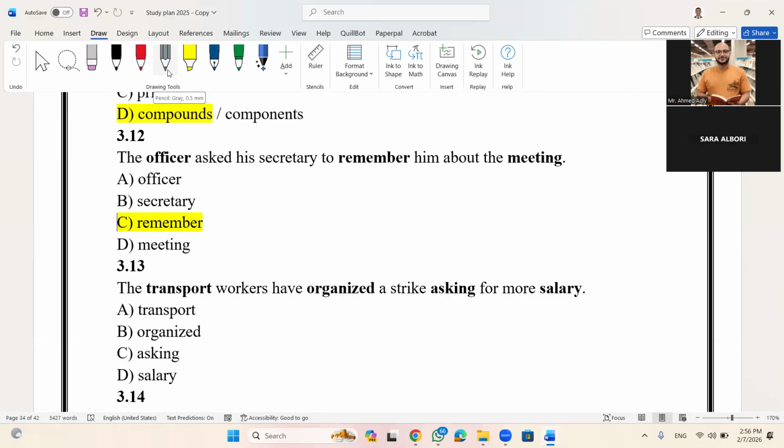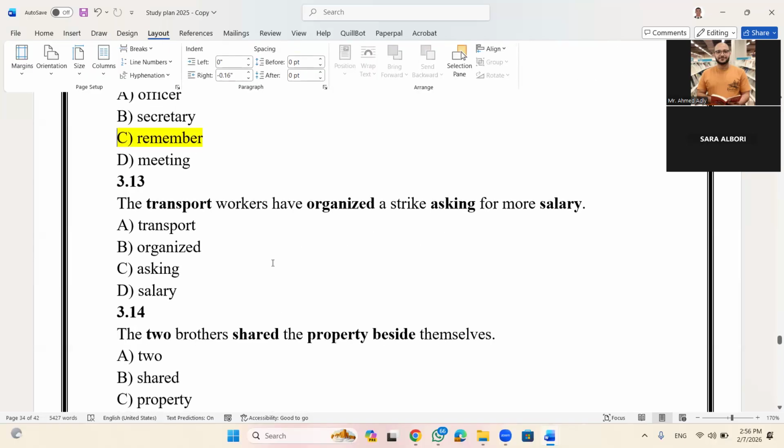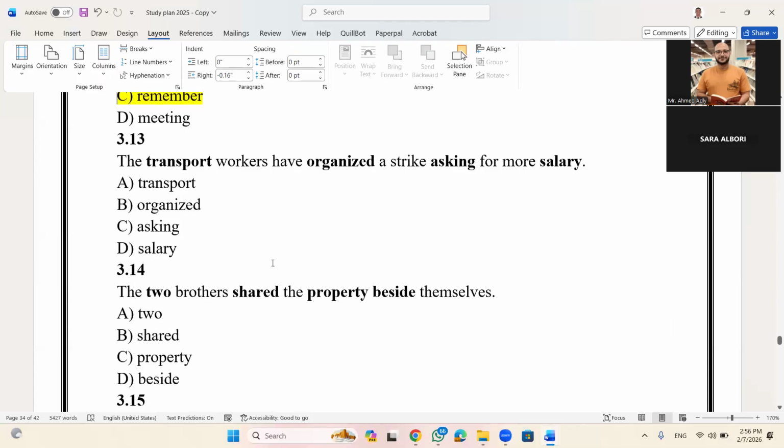The transport workers have organized a strike asking for more salary. Okay. So look at this one here. It's salary.